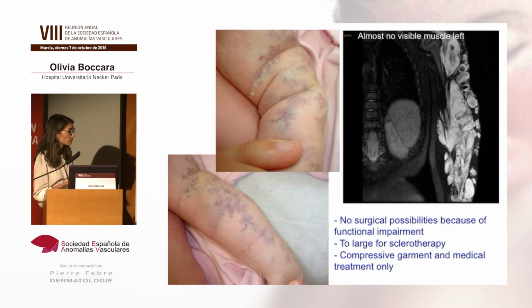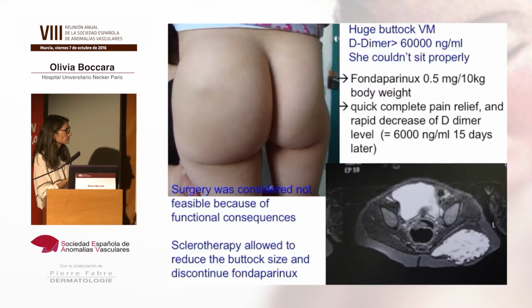But we managed to relieve the pain only with anti-inflammatory treatments, and she's still very well only with compressive garments. This is to illustrate the fact that the treatment is not only related to the biological parameters, but is related to the symptoms, and it relies on a case-by-case study.